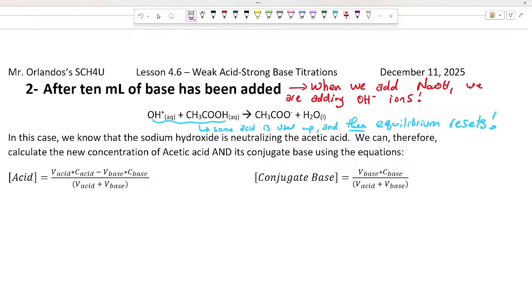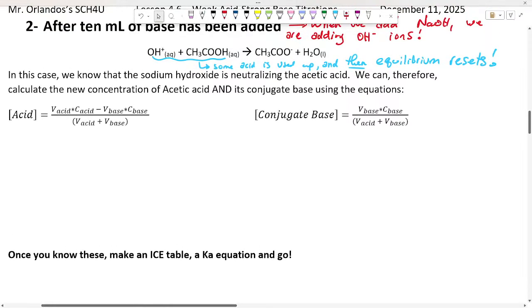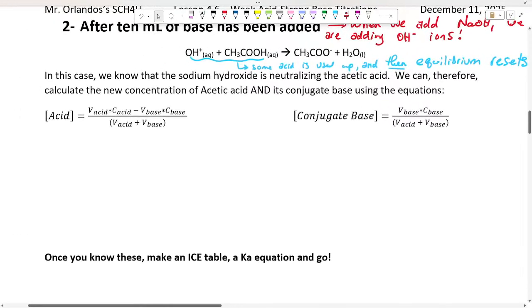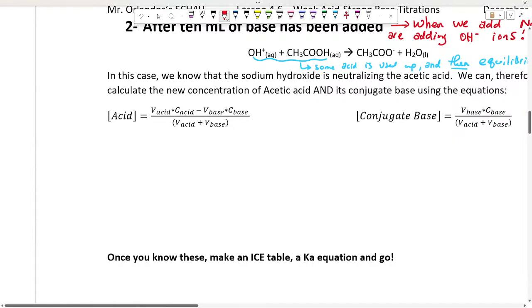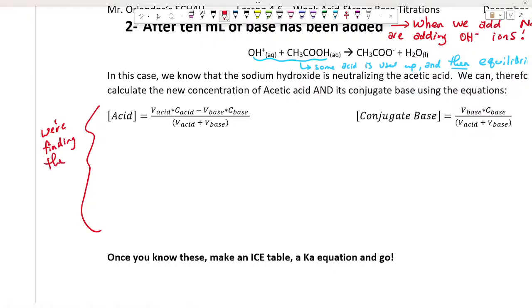It doesn't need to be super crazy. But look here. What we're doing here is finding the new initial conditions for a new equilibrium. Does that make sense?